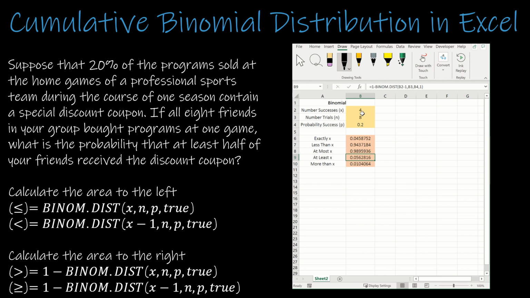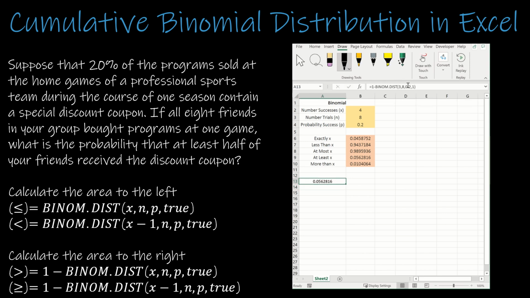But again, if I'm doing this for, say, a forum post or for my project, I'm going to want to see equals BINOM.DIST, and this is at least half. So again, I'm going to have to take 1 minus, and then instead of 4, I'm going to say 3, comma, 8, comma, 0.2, comma, 1.